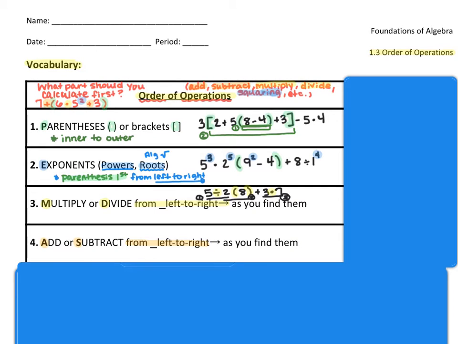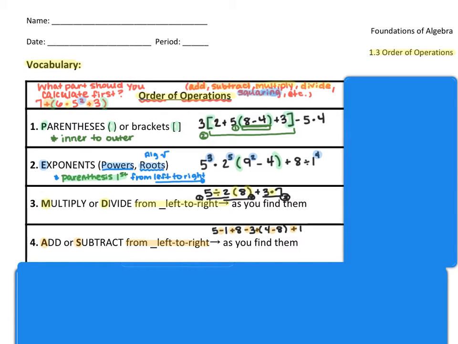The last operation or operations on the totem pole is adding or subtracting. So we'll be finally adding or subtracting the numbers that we're left with from left to right as we find them. This one is also a big misconception by most.